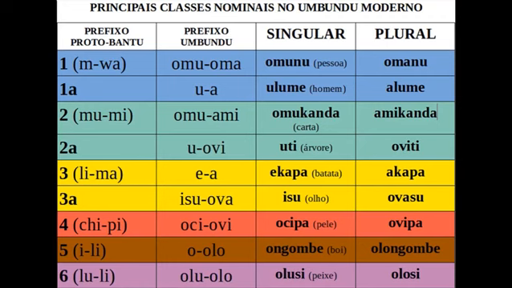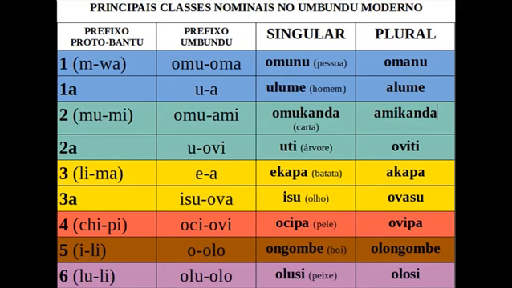Almost all nouns in that class are necessarily people. So the first class typically has the prefix omu in the singular and oma in the plural. Sometimes the prefix is u in the singular and a in the plural. The second class has omu and ami, or optionally u and ovi.